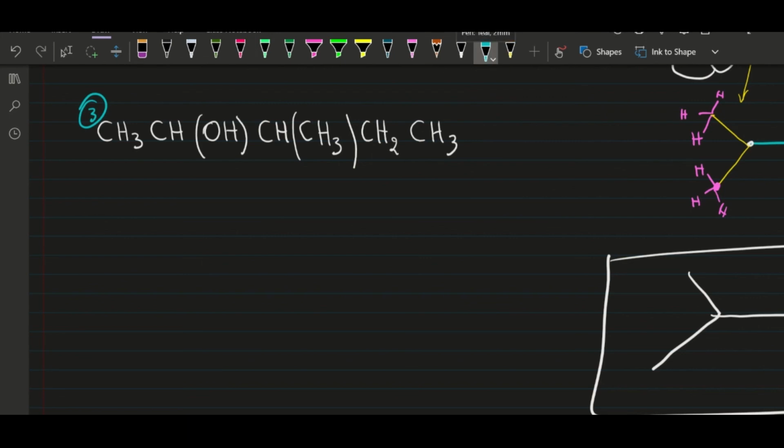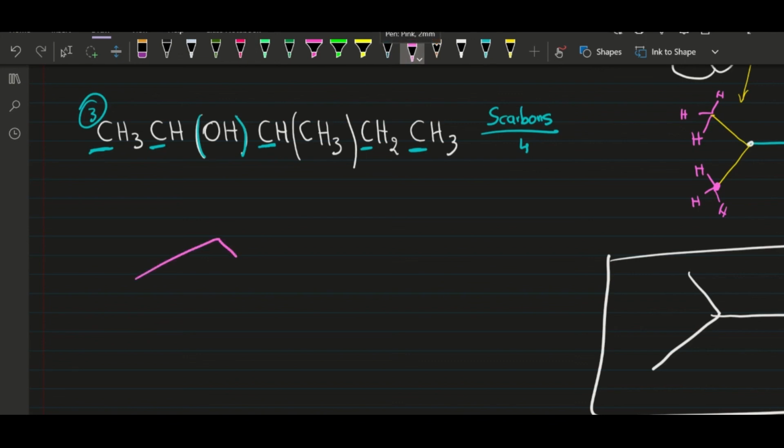Now, like we said, first thing you do is count the amount of carbons on your skeleton. So 1, 2, we're not counting this. The parentheses is a substituent. 3, 4, and 5. So 5 carbons again. Okay, that's 4 lines.